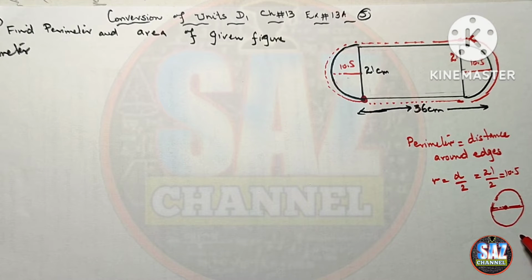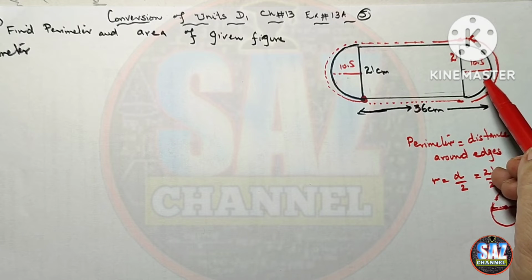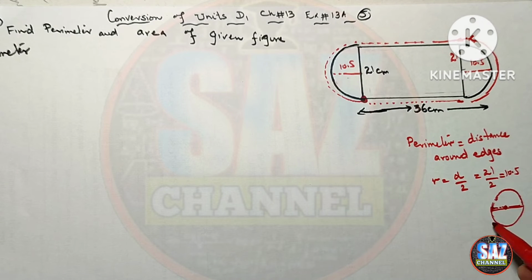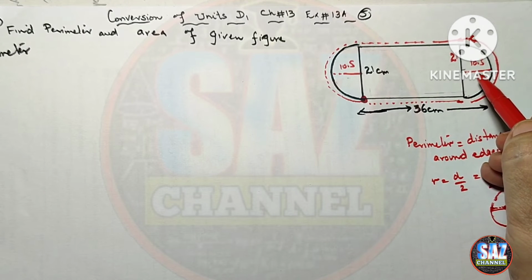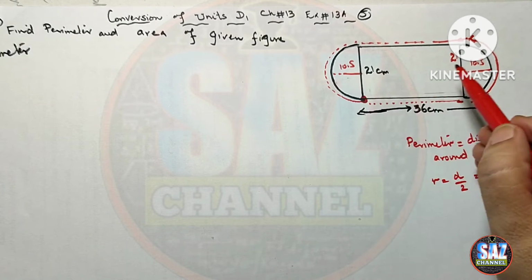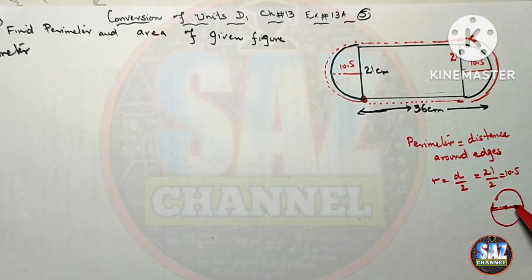So either I can find the circumference of one semicircle and multiply it by 2, or I can find the circumference of one complete circle. I hope my students are clear that to find this circular boundary, we have to measure the circumference of one complete circle with radius 10.5.